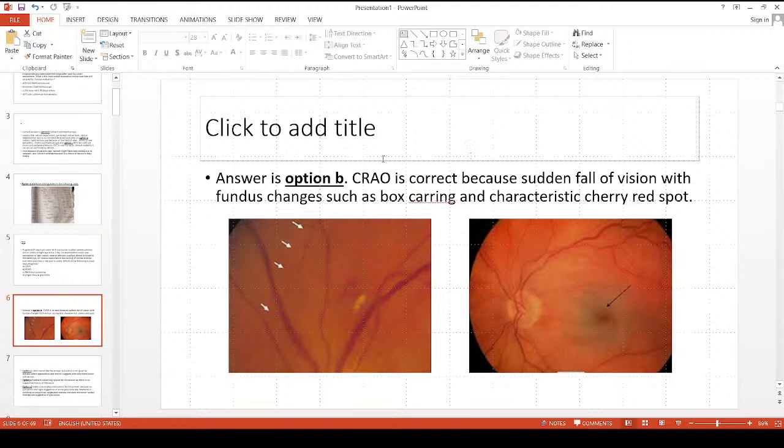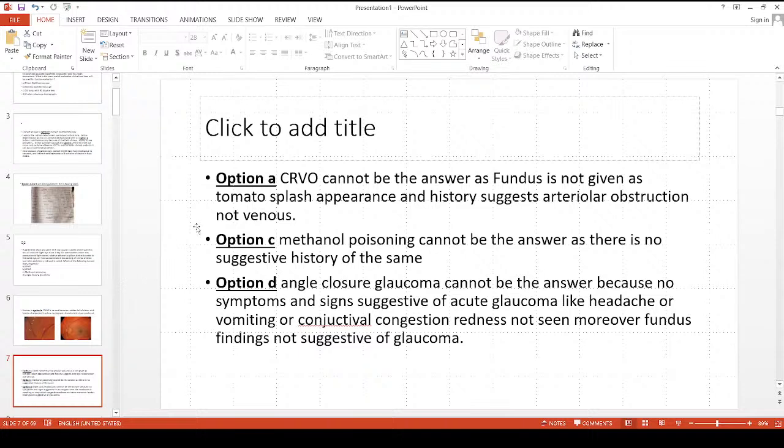Other options like CRVO are not the answer, because the CRVO fundus will be very distinctly different. It will have more hemorrhages, a tomato splash appearance. In methanol poisoning, yes, there will be sudden loss of vision, but fundus changes will not be like this. Fundus changes will not be seen.